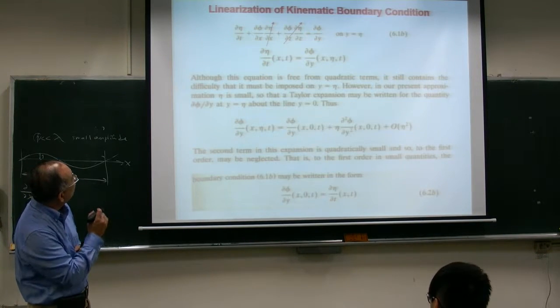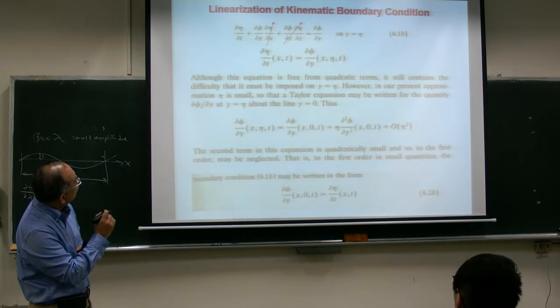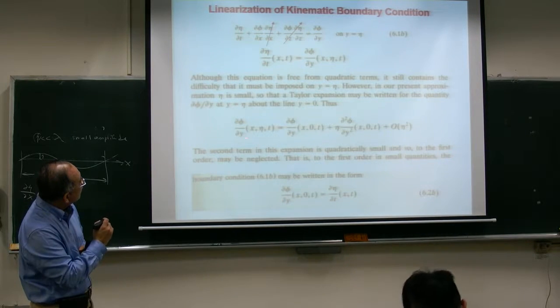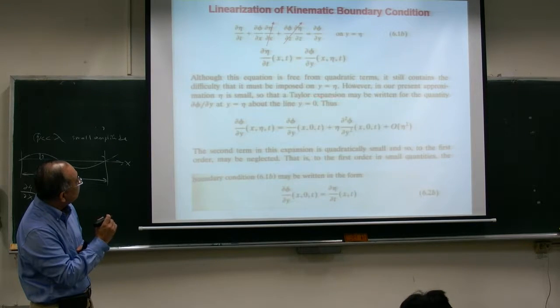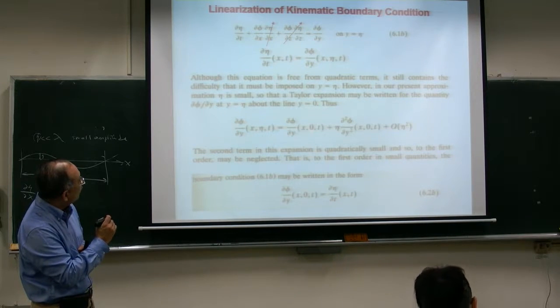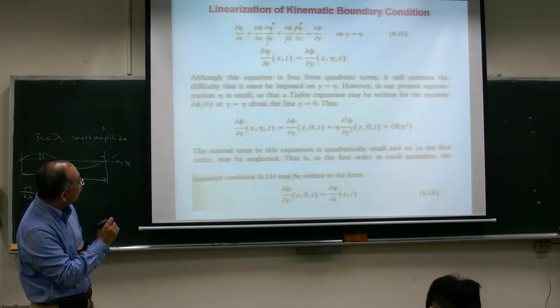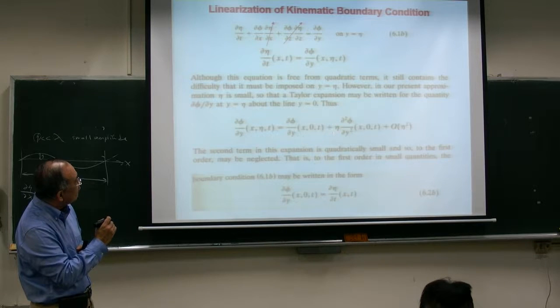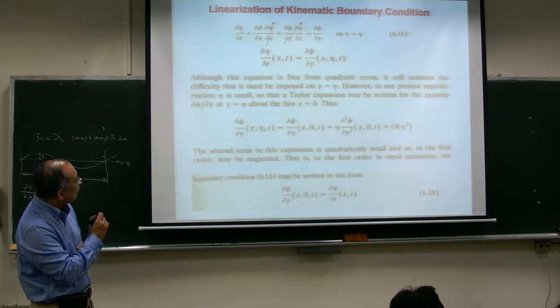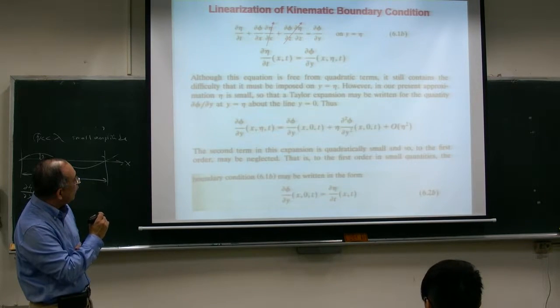If we expand this using the Taylor expansion, partial v, partial y evaluated at y equal to eta, and eta is very small, we can write it as partial v, partial y at y equal to 0, plus eta times partial square v, partial y square, everything evaluated at y equal to 0. Since eta is very small, these should be very close, so we can rewrite this, instead of using eta, using 0.